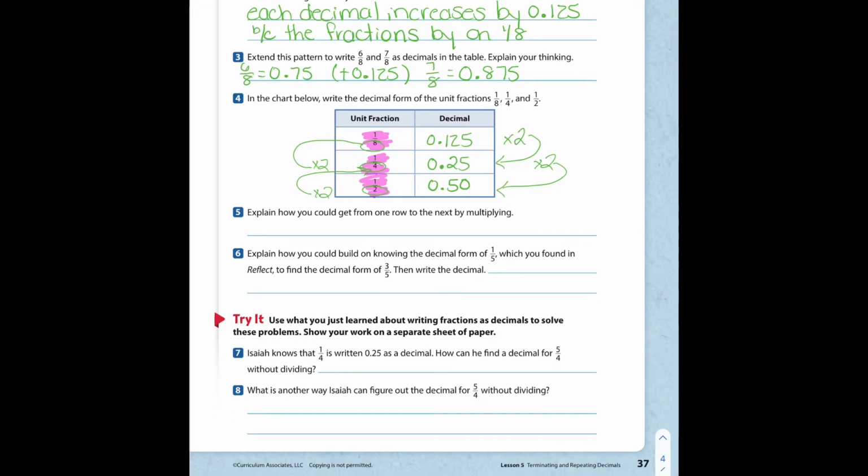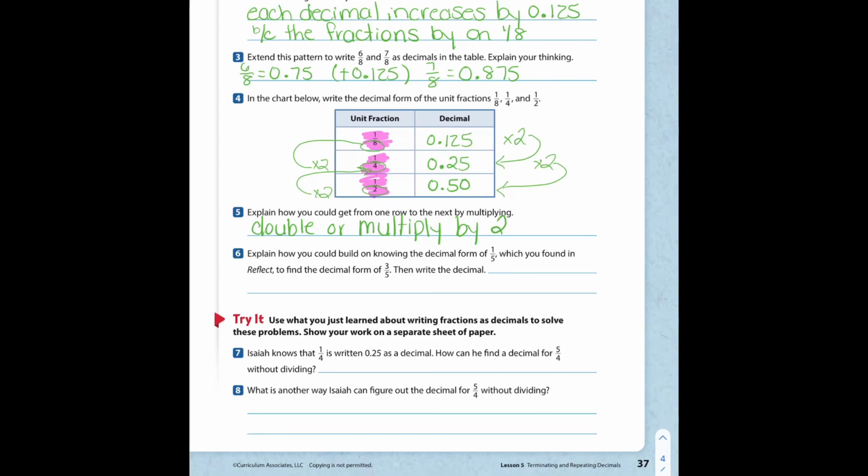So for this table, to get from one row to the next, you can double or multiply by 2 to get to your next value. And that's true because the fraction forms each time double. So whatever pattern you can apply to your fraction forms, you can also apply that same pattern to the decimal forms.